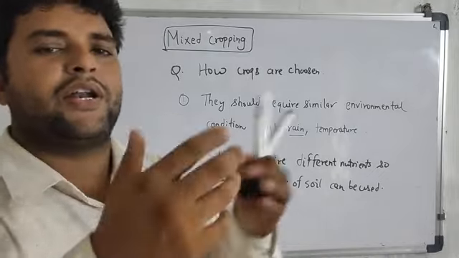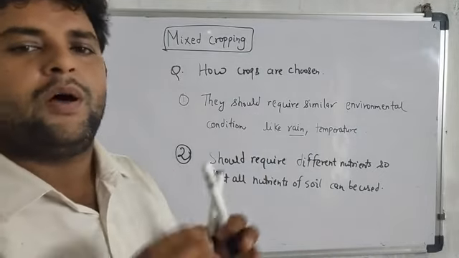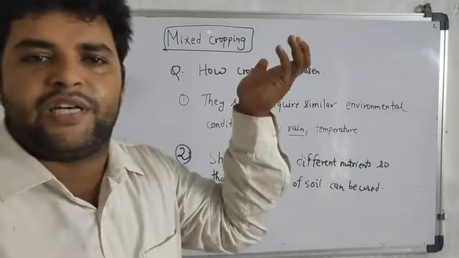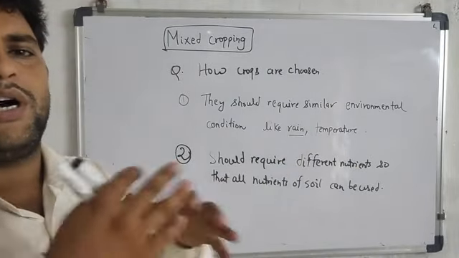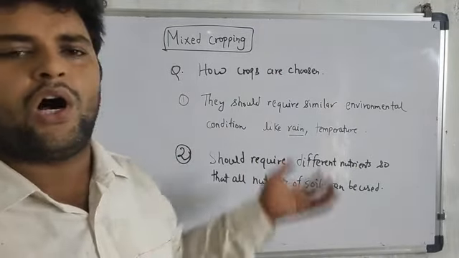But the requirements of these crops must be different. Suppose wheat is taking nitrogen, and the legume is supplying nitrogen. So the basic requirements of both crops are different, so that all the nutrients can be easily taken up by the crops. On this basis, crops are chosen in mixed cropping. Note it down.